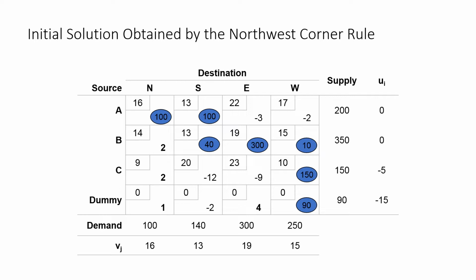As you see here, the largest positive C prime ij is in this cell. There are other positive C prime ijs like here, but the largest one is the 4. So this becomes the entering variable.